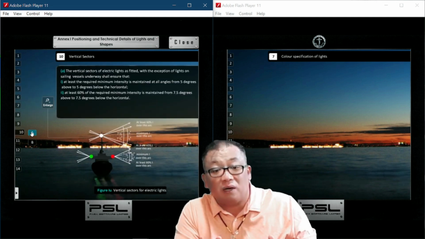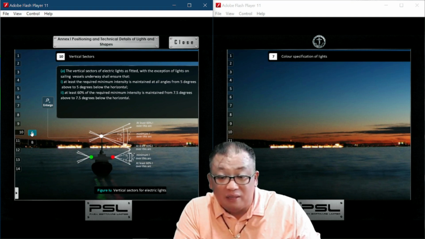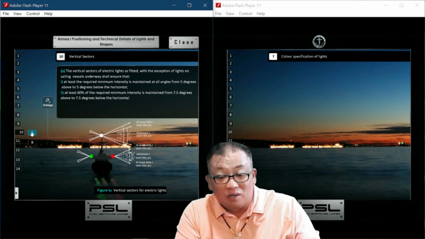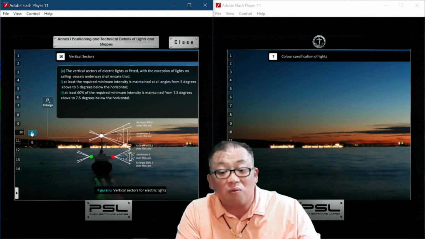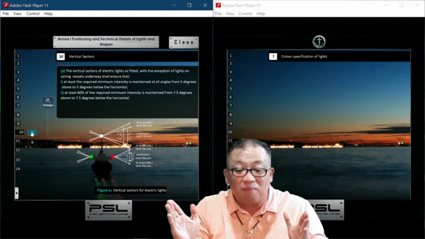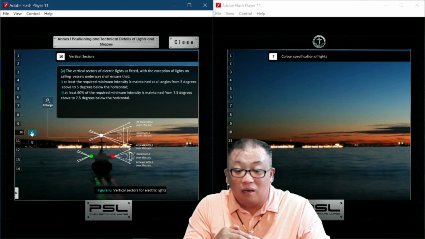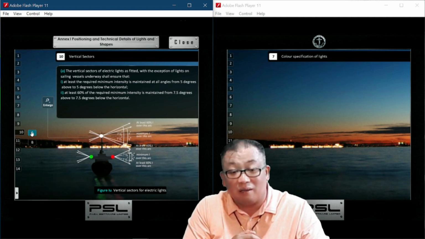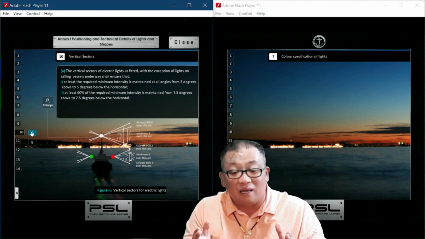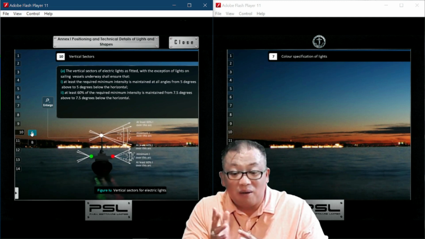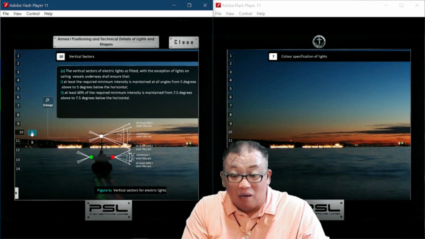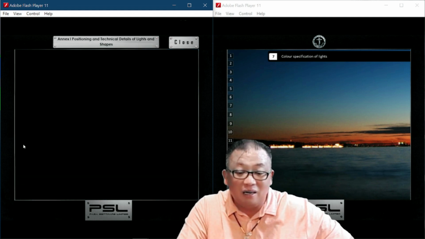The vertical sector of electrical light, as fitted, with the exception of lights on sailing vessel underway, shall ensure that at least the minimum required intensity is maintained at all angles from 5 degrees above and 5 degrees below the horizontal. At least 60% of the required minimum intensity is maintained from 7.5 degrees above and 7.5 degrees below the horizontal. Okay, let's enlarge and discuss.